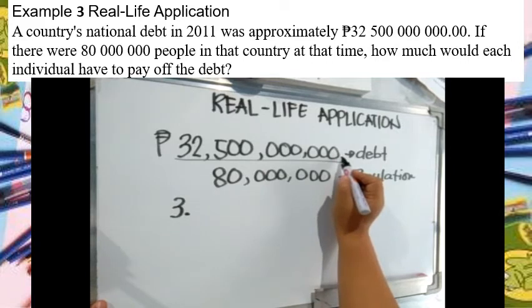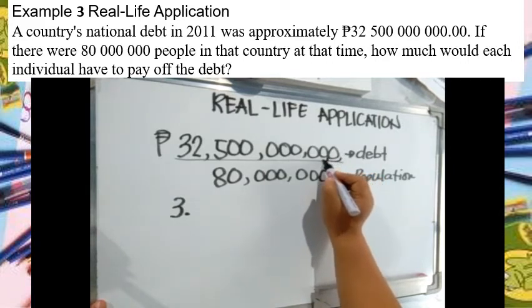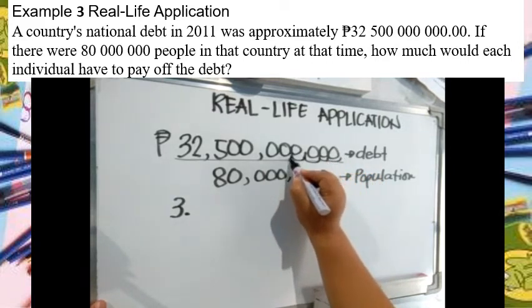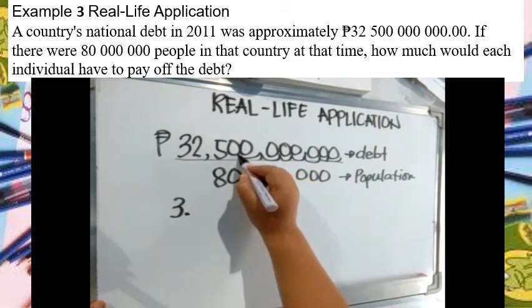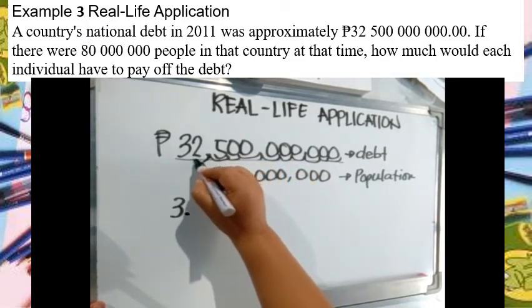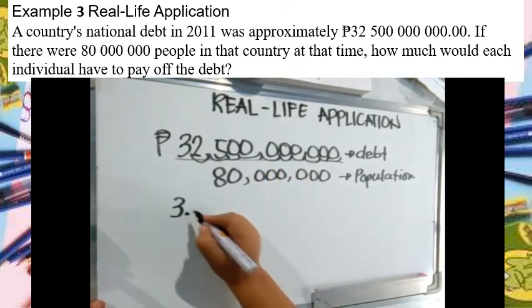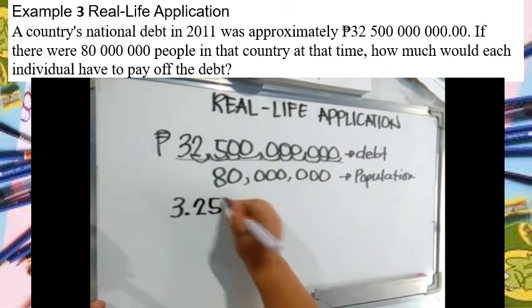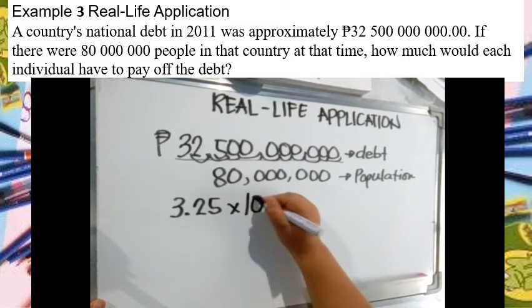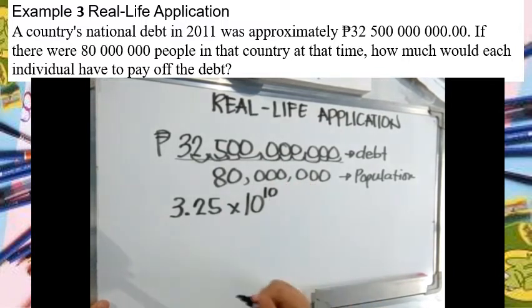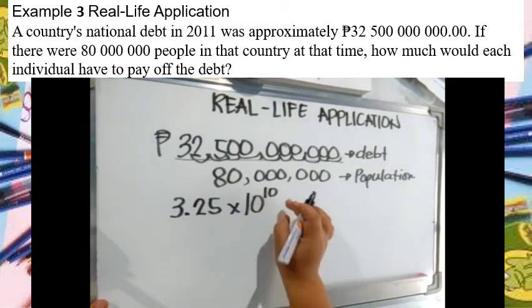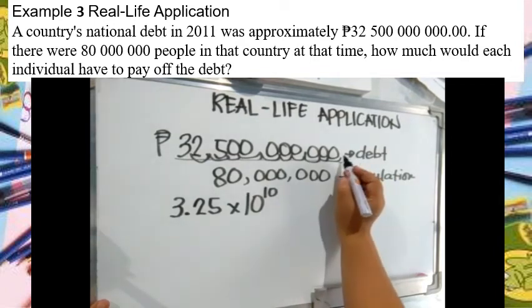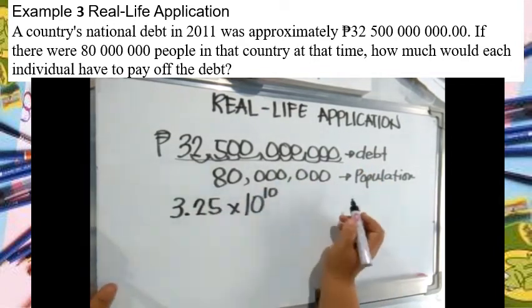Start counting here. 1, 2, 3, 4, 5, 6, 7, 8, 9, 10. So, 10 ka places. Okay? Times 10 to the power of 10. It is positive 10 because we are counting from right to left.